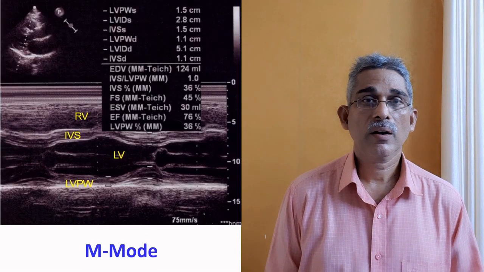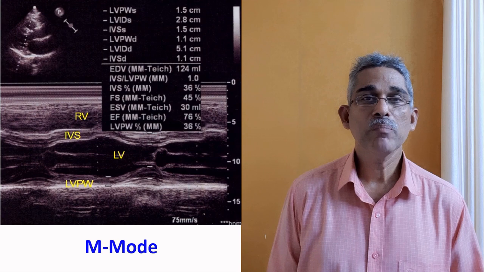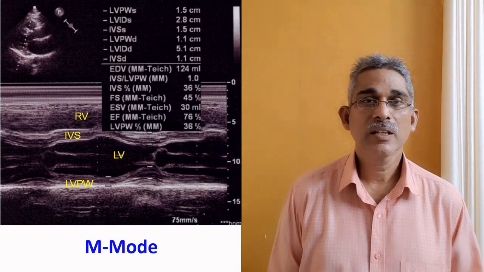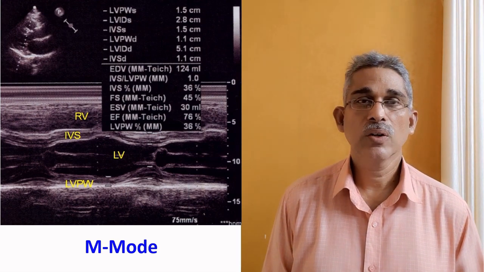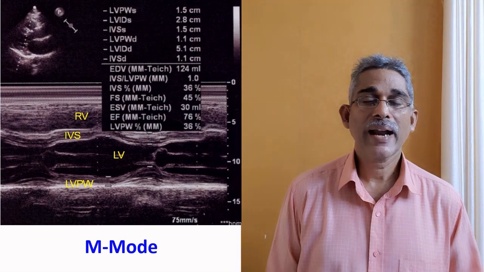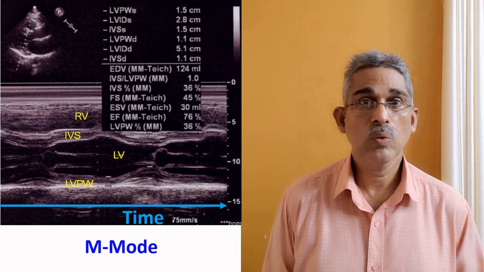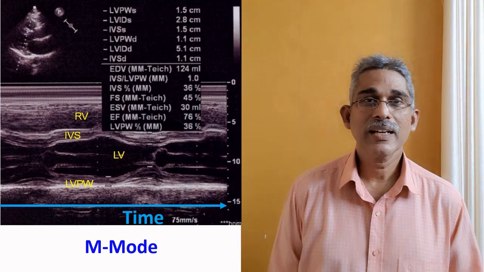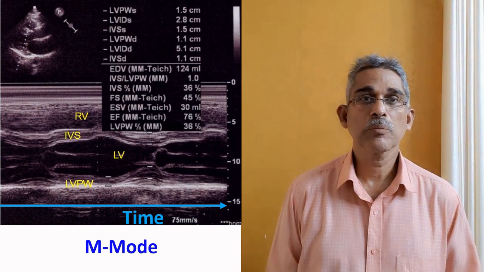We have different modes of echocardiography. The very old mode was the M mode or TM mode, time motion mode, in which it is almost like a graph with the horizontal axis being time and vertical axis distance from the location of the probe.